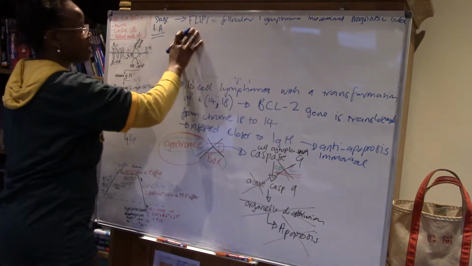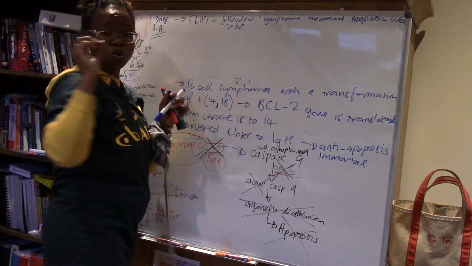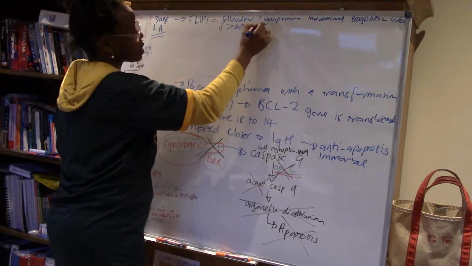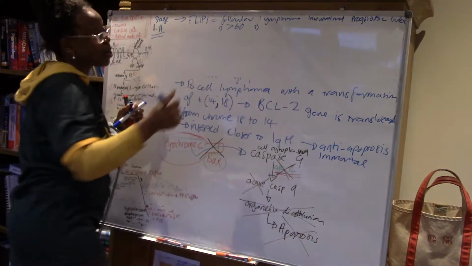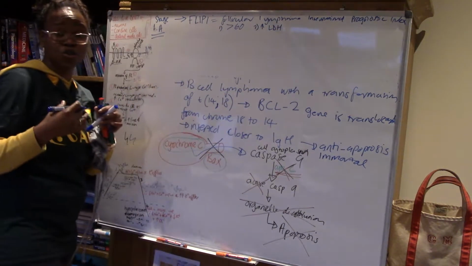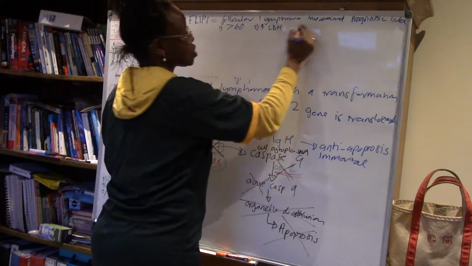And this FLIPI is based on giving one score for each of these. If someone is aged over 60, they get a score. If someone has raised LDH, which obviously is a marker for tumor burden, they get a score.